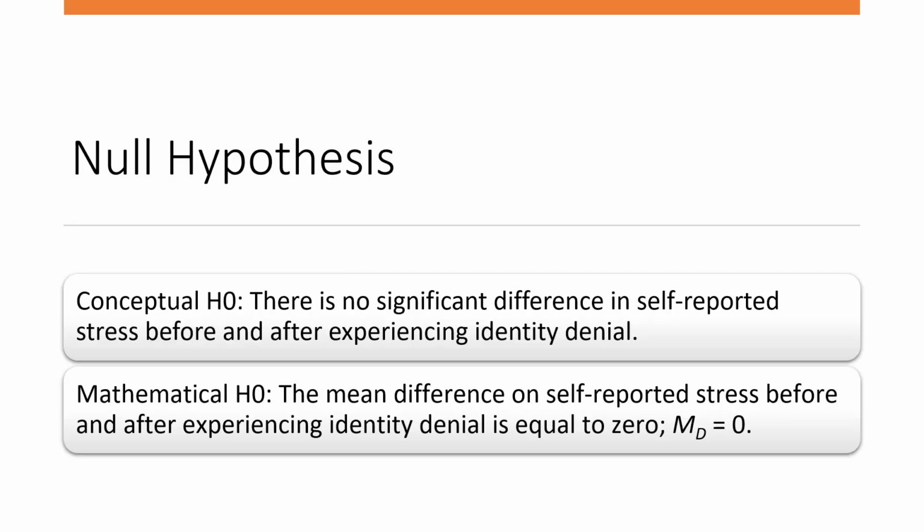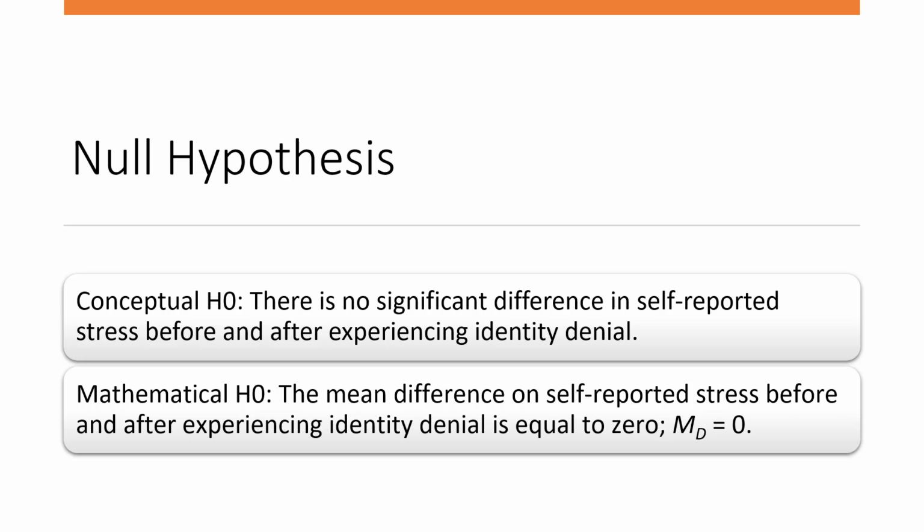Our null hypothesis for this study is that there are no significant differences in self-reported stress before and after experiencing identity denial. Mathematically, what that means is that we expect that there will be no mean difference on that stress. So the mean difference, notated as MD, is going to be equal to 0.